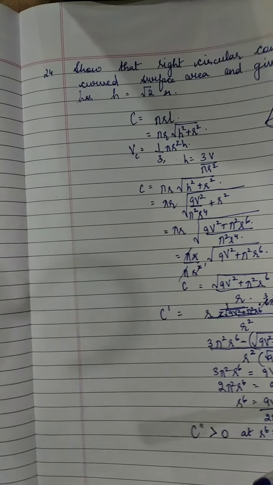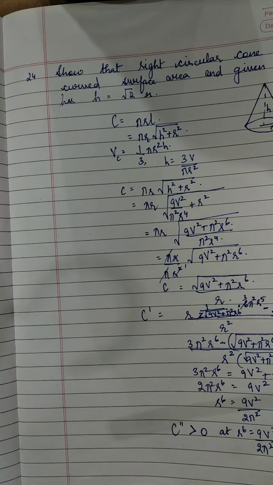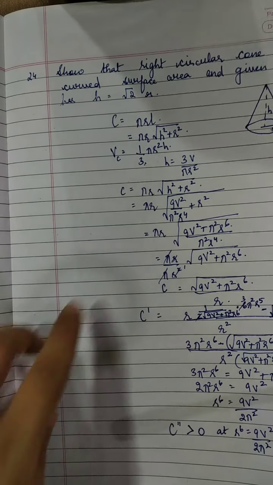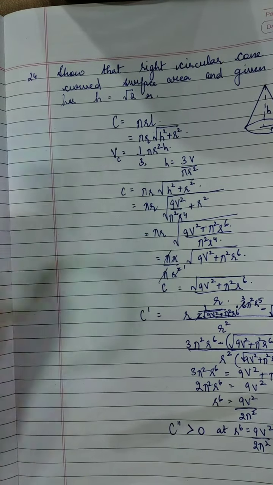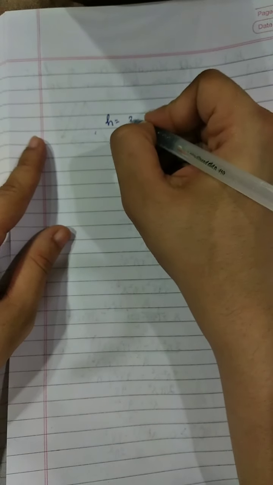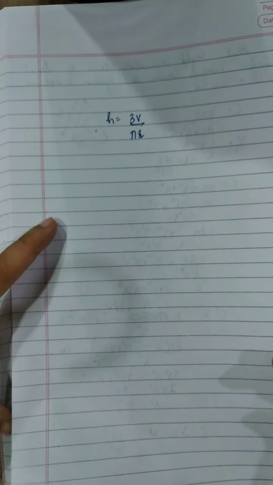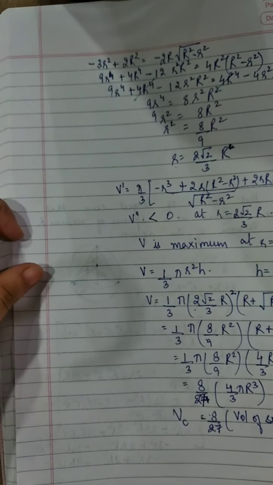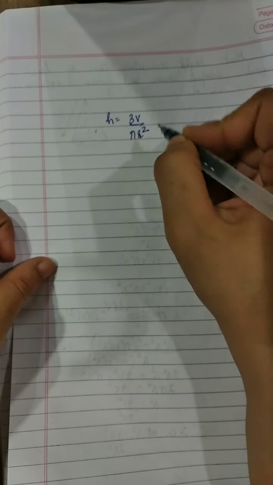Now let's come to the given condition. What was the given condition? That volume is equal to 1 by 3 pi r square h, or simply we had found out that h is equal to 3v upon pi r square, right? So we have h is equal to 3v upon pi r square, right?